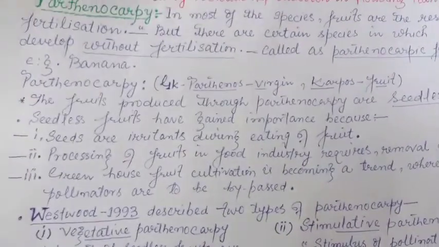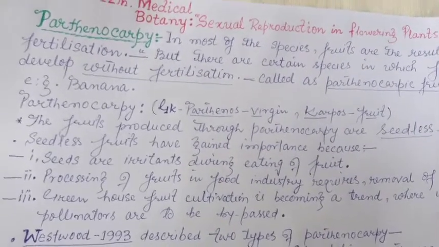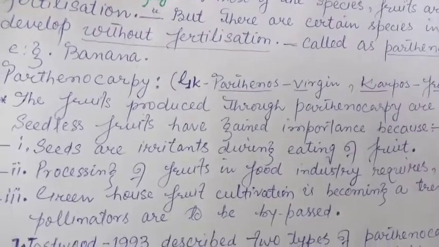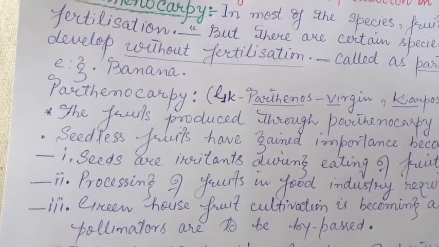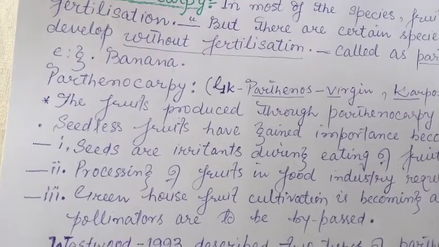That means production of fruits in greenhouses is nowadays a common experience, wherein we need to cultivate fruits which do not require pollination and all those events.